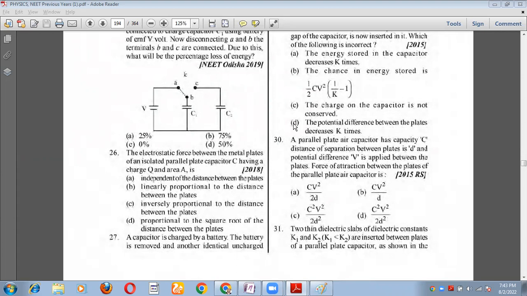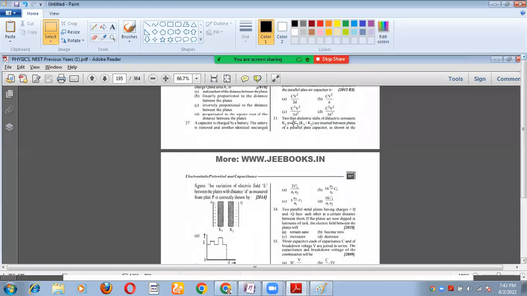That is basically very easy. It is based on the force between the plates of a capacitor. So you can directly remember the force between the plates of a capacitor.